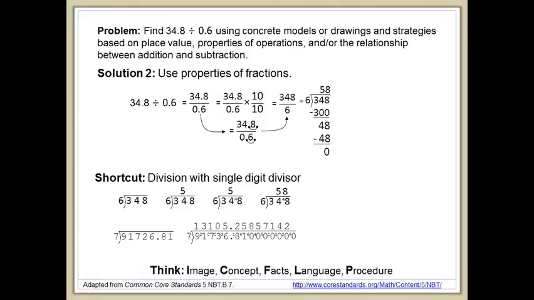And now you'll notice that back here we had a 60, and we had 8. That went in 8 times. Well, this 60 is going to go in 8 times as well, and the remainder is going to be 4, and then we're going to get a 5, and the remainder will be 5, and so forth.